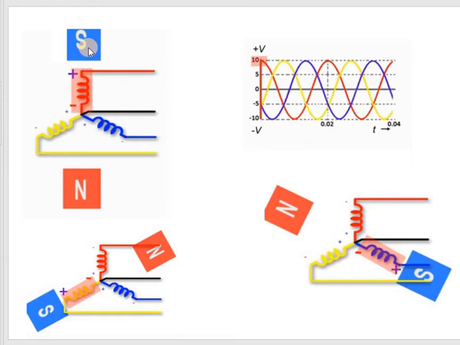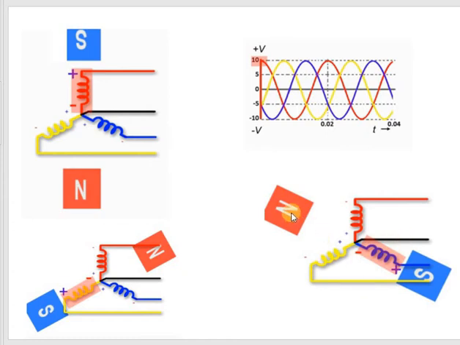As the magnet turns, it will then reach this point where the yellow coil or conductor will cut the magnetic flux at the maximum rate, and then yellow will peak, and then the magnet keeps turning until it reaches this position where the coil cuts the magnetic field at its greatest rate.